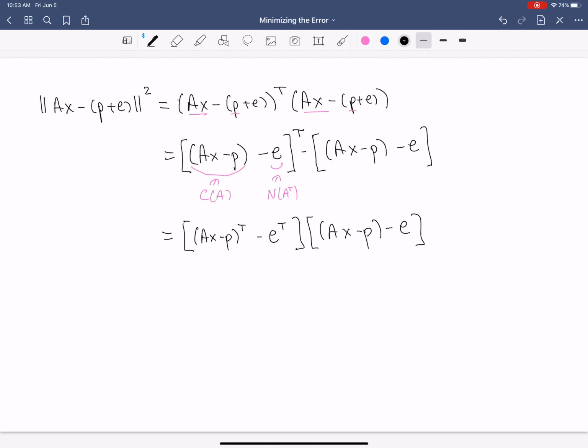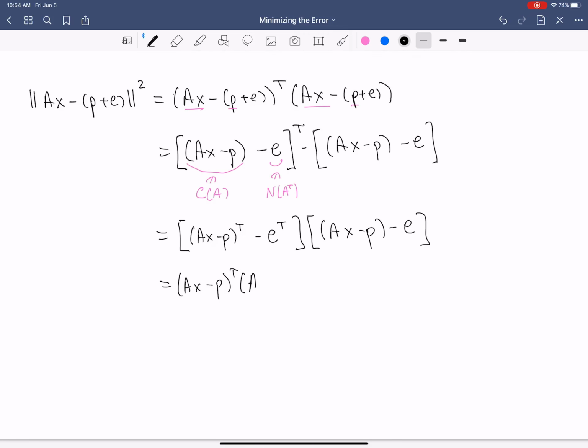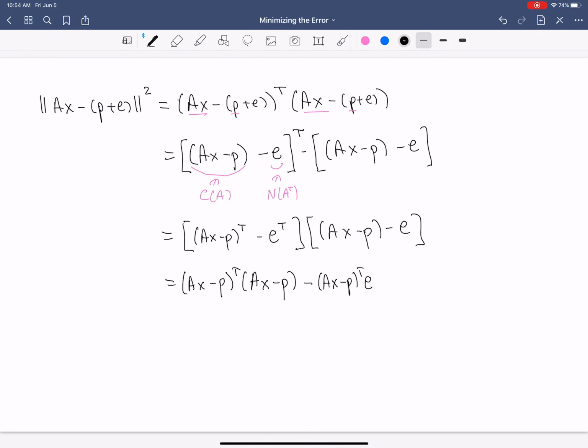So when I open parentheses, you multiply this by this, then this by that, then negative E transpose times AX minus P, and then negative E transpose times negative E. So there are going to be 4 components. So we have AX minus P transpose times AX minus P, then minus AX minus P transpose times E. The minus comes from E.